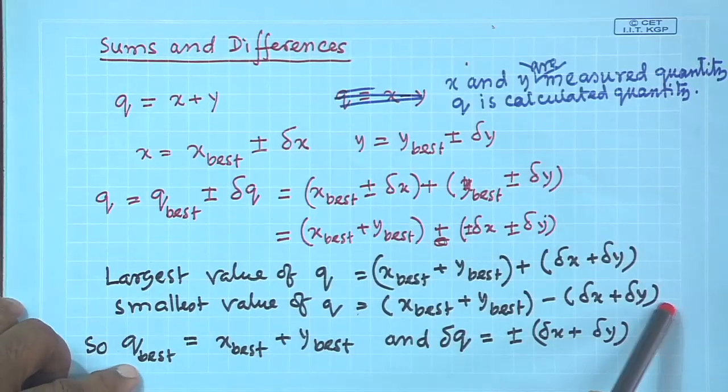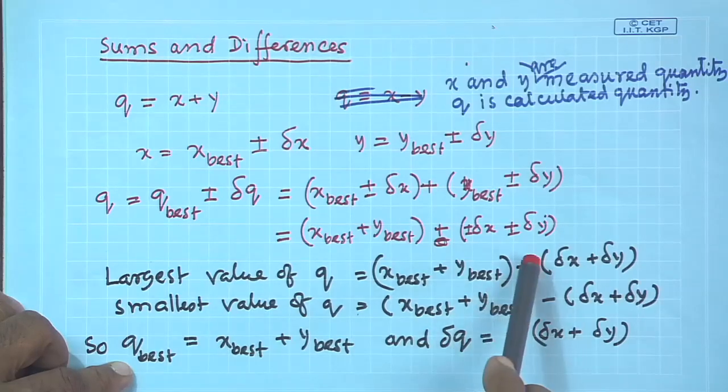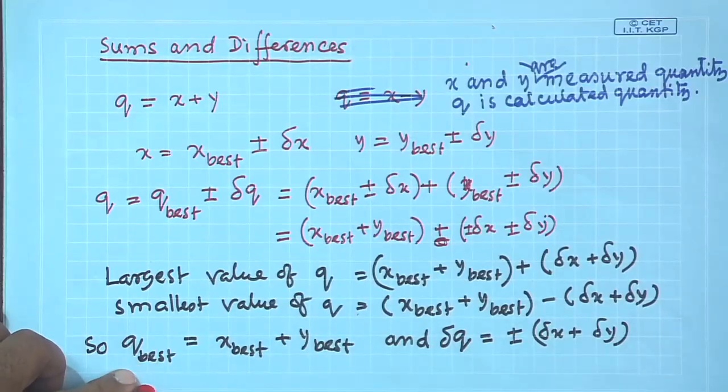So then we can tell that the other values will be between these two. So the most probable uncertainty del q will be plus minus del x plus del y. So q best equals x best plus y best, and the uncertainty in q, that will be del q equal to plus minus this.